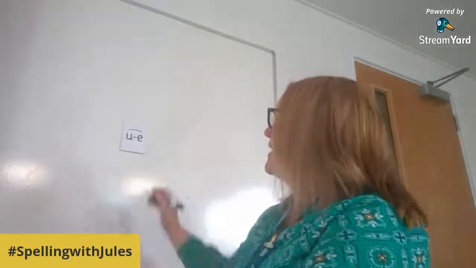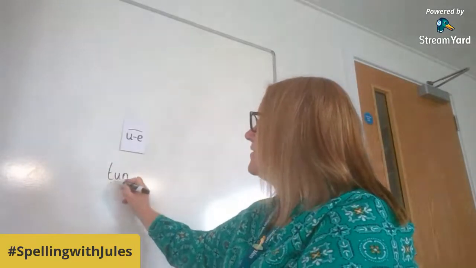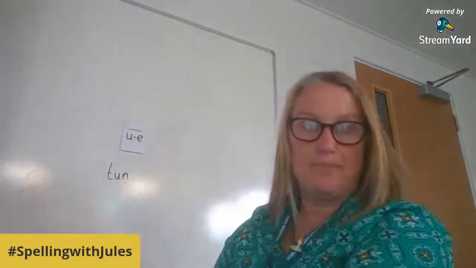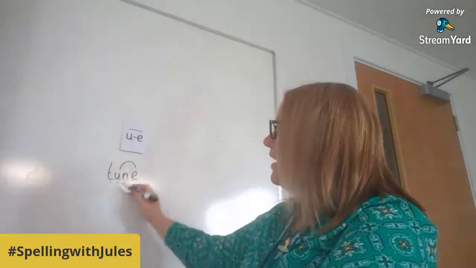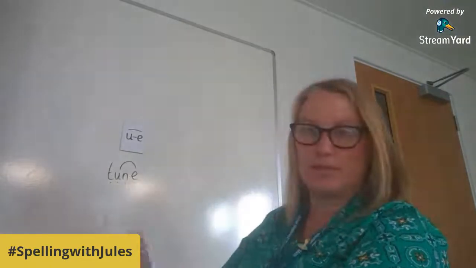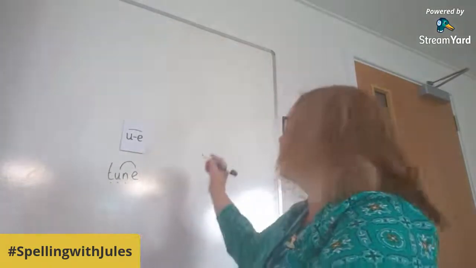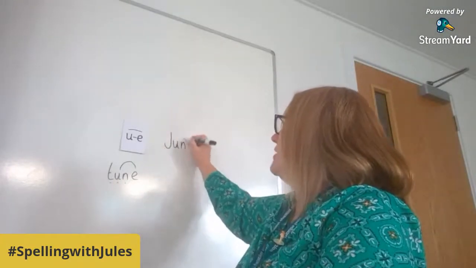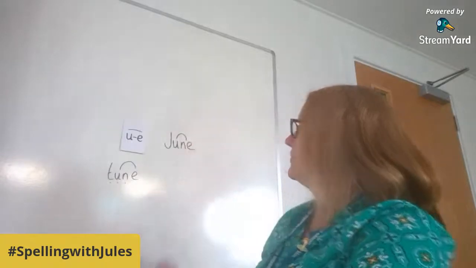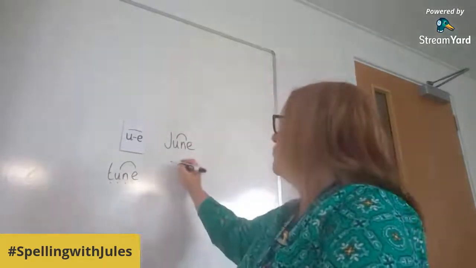So what can we do here? Well, we've got Jun. What happens when we put an E on the end? Becomes a U for June. And we had already done that, hadn't we? June. Again, Jun. And then it makes June. Can you think of any others? Rude.